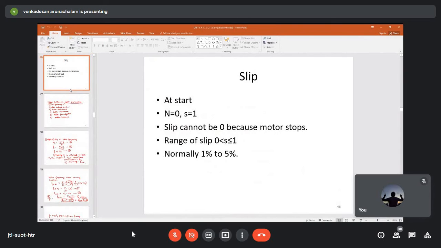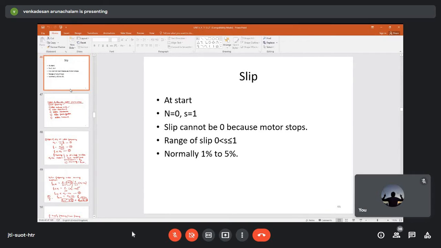So last class what we understood is that the rotor is running lesser than the synchronous speed, and during start, where the speed of the rotor is 0, slip is equal to 1, and slip cannot be 0 because the motor stops.